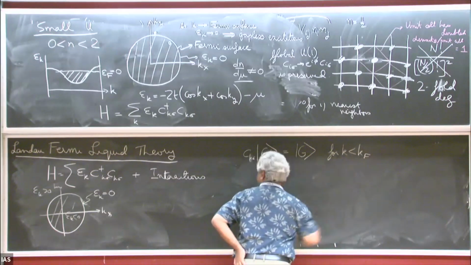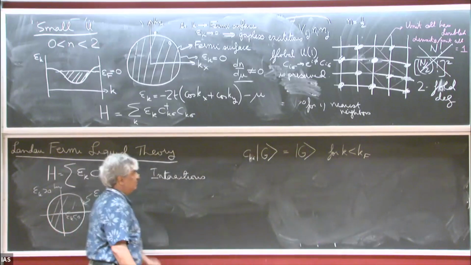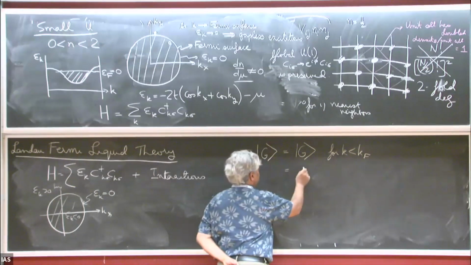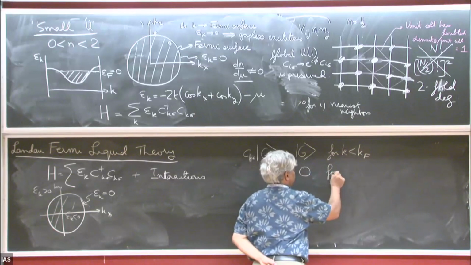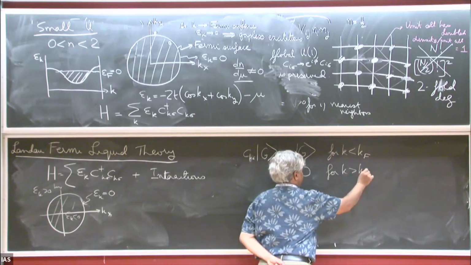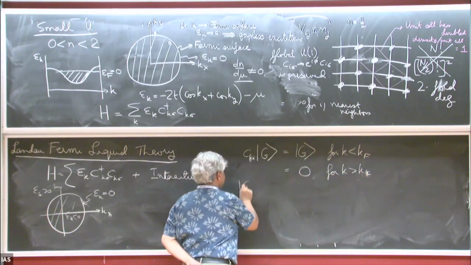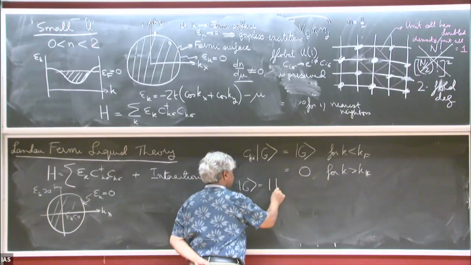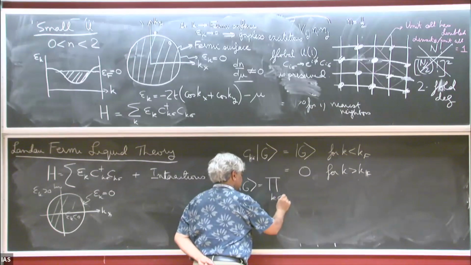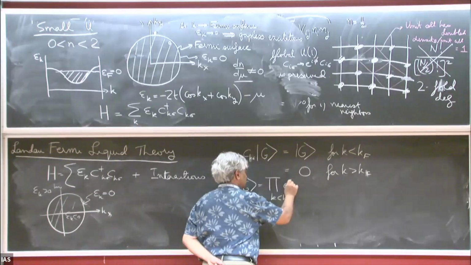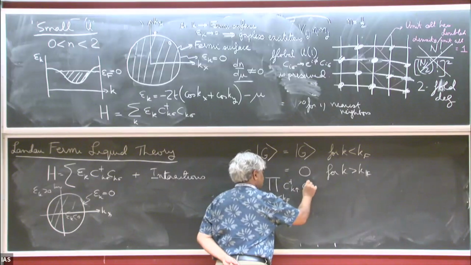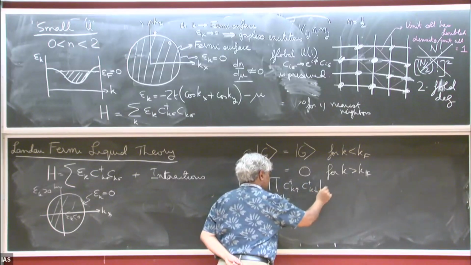This is just notation for being inside the Fermi surface, and it is equal to 0 for k greater than kF. And if you want an explicit version, the wave function for the ground state is the product over k less than kF, c dagger k up, c dagger k down, on the empty state.